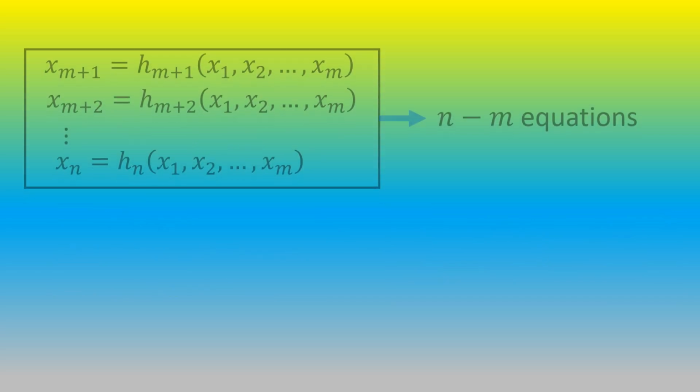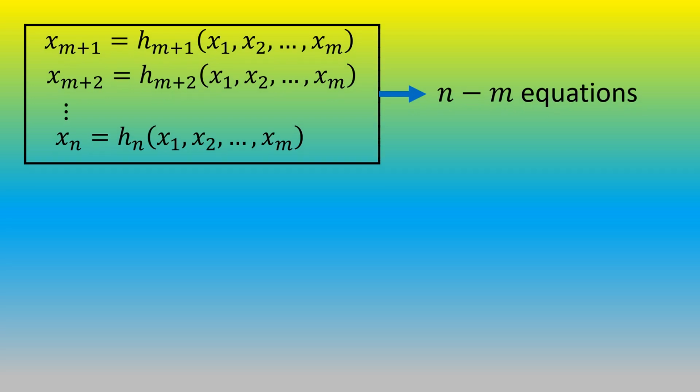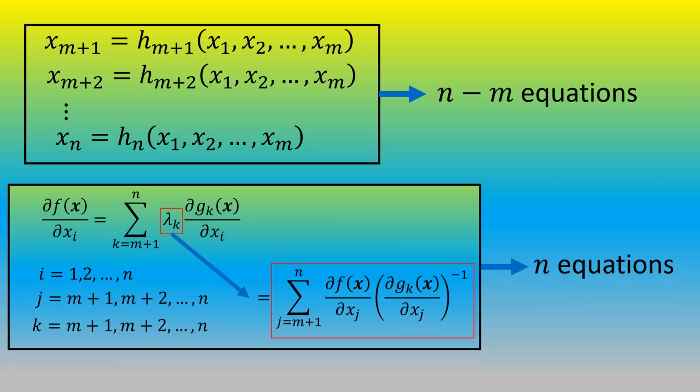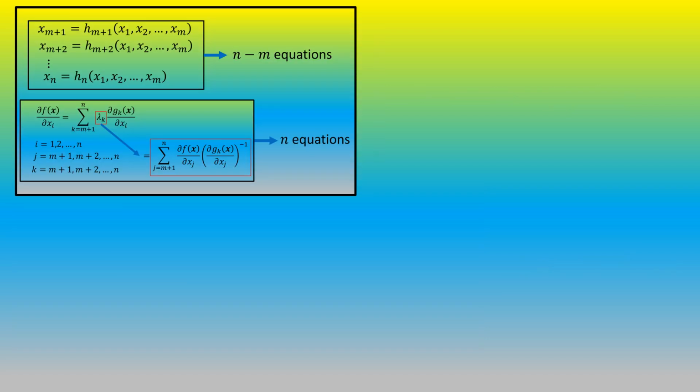So essentially, we have a system of equations. We have a system of n minus m equations when we're defining the dependent variables in terms of the independent variables. Then we also have a system of n equations, which is the equation we got before of the partial derivative of f of x with respect to xi.